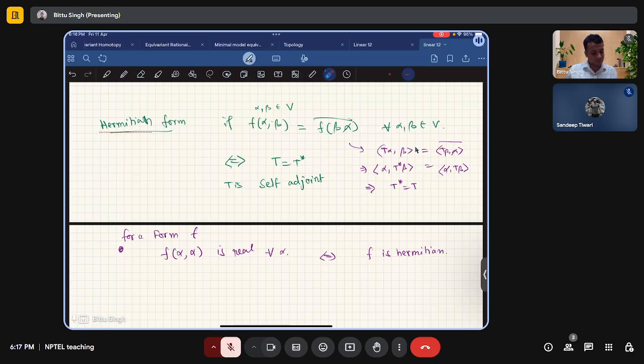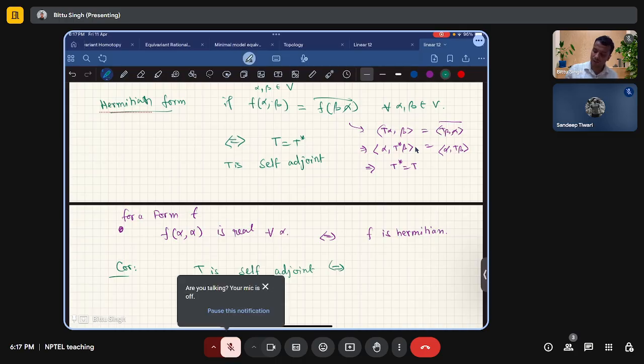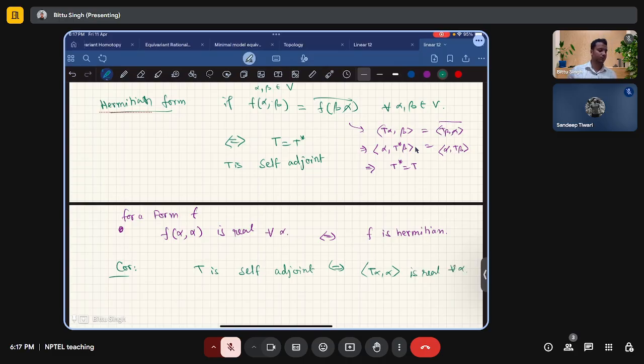Therefore we get a corollary: T is self-adjoint if and only if the inner product T alpha comma alpha is real for all alpha belonging to the vector space V. Those are some important properties.